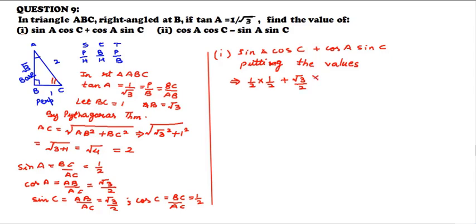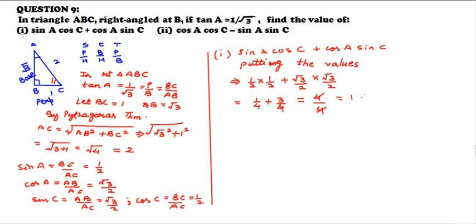1/4 plus 3/4, that is equal to 4/4. 4 and 4 get cancelled out. What remains is 1. So this is our answer.